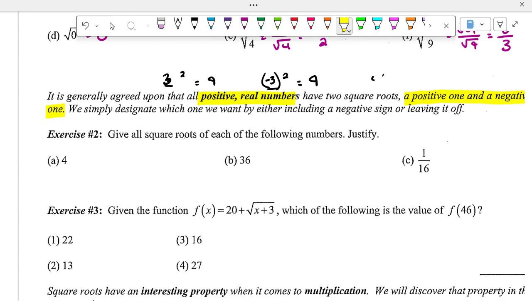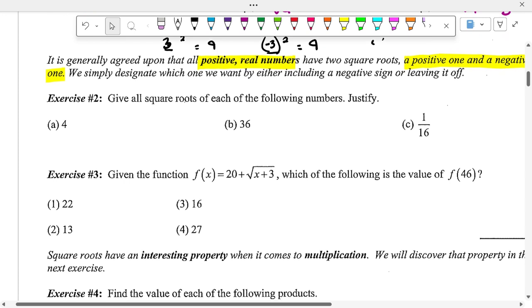All right. So in reality, what we're going to end up having to do is state both of them. So if I ask you to take the square root of 4, what would be two numbers that would equal the square root of 4? 2 and -2.